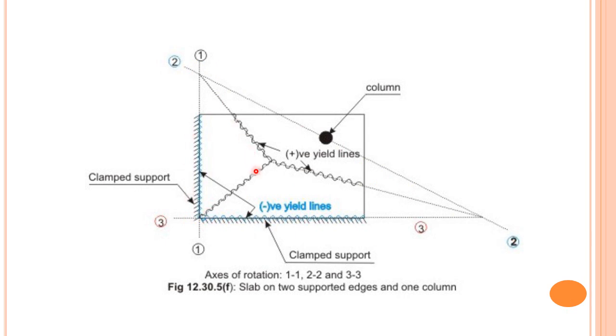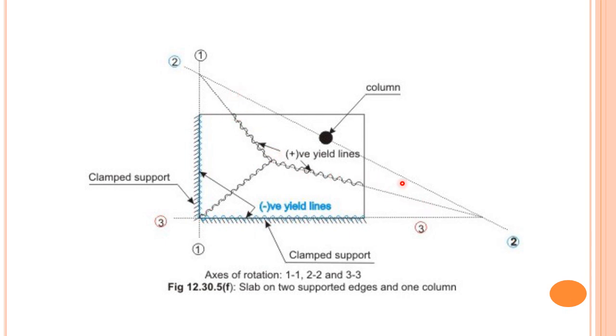As per the guideline we have seen, these yield lines will pass through the intersection of two axes of rotation. This is one axis of rotation, this is another axis of rotation. We draw a yield line in such a way that it passes through the intersection. The same way here, one axis of rotation and another axis of rotation, so we draw one yield line that intersects this point. As we know, this yield line will stop at the boundary of the slab and will not extend further.